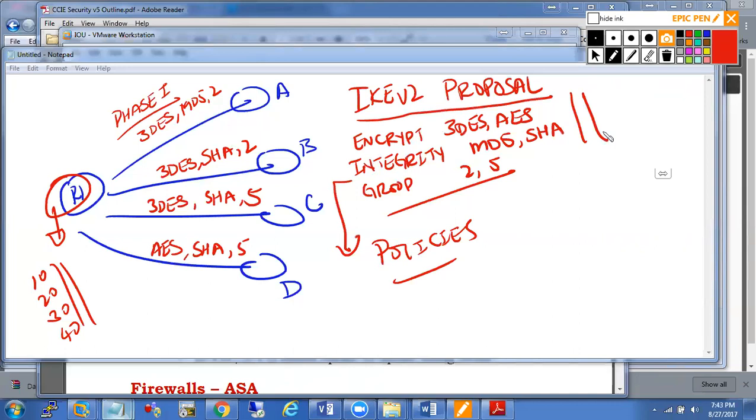All the combinations are created. When you configure it, you just configure that I want encryption to be based on these two, and these two for integrity and group. You get my point? So it's a lot more scalable. But let's say you just had a simple site-to-site, it really doesn't matter then. Understood? So that's the first advantage, scalability.